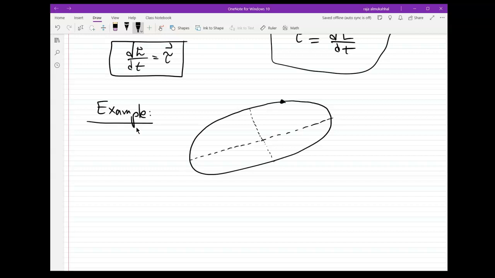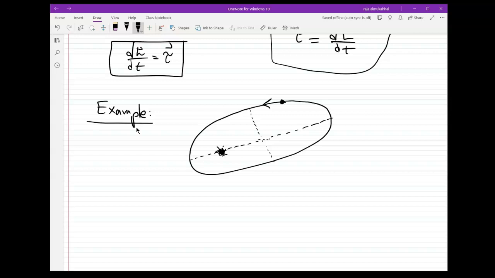It's not located at the center of the ellipse. You may think the Sun is located here. That's not true. It's actually at one of the foci. It's right here somewhere. So this is the Sun, and the Earth is here, going around it like that.